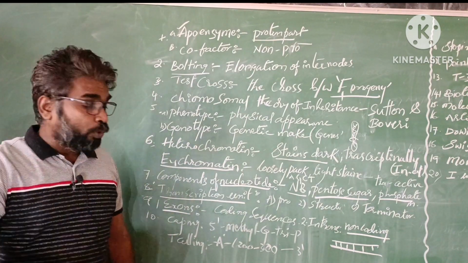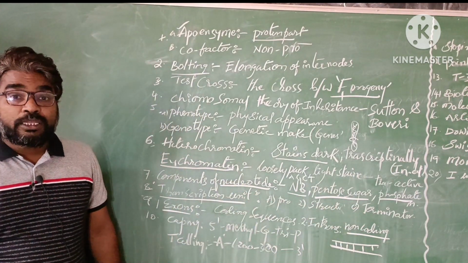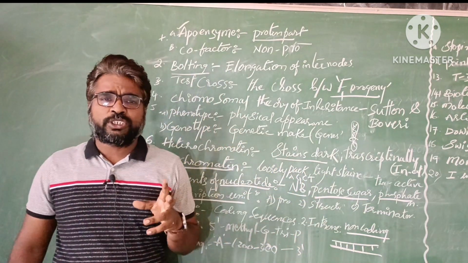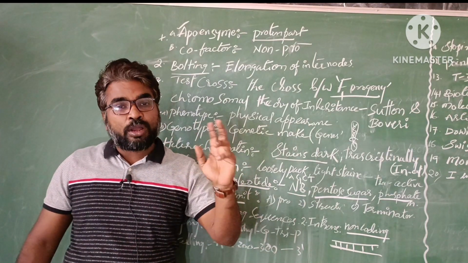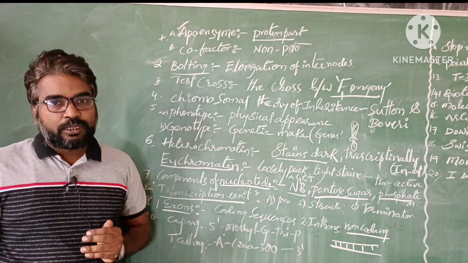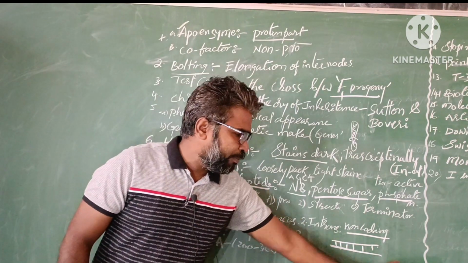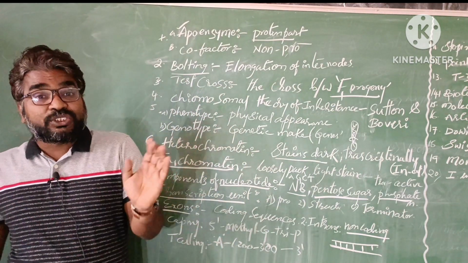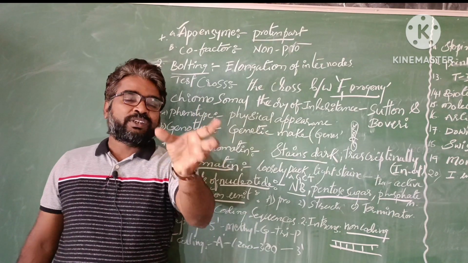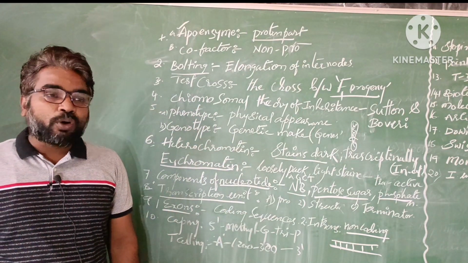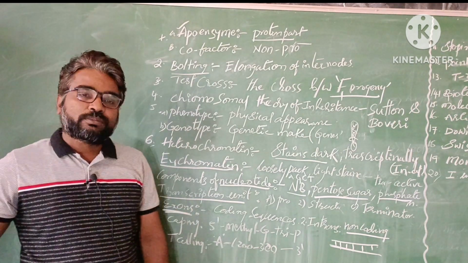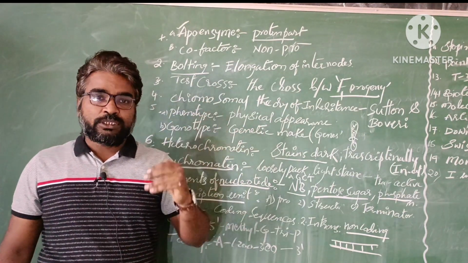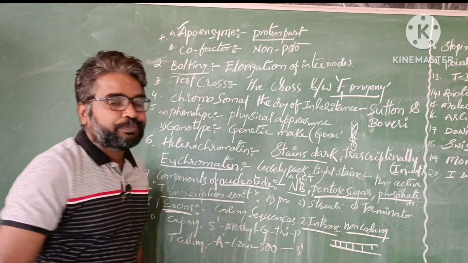The total DNA does not code protein or amino acids; all of the DNA may not have coding sequence. The region that is the coding sequence, we call exons. The part that does not code any amino acid, we call introns.